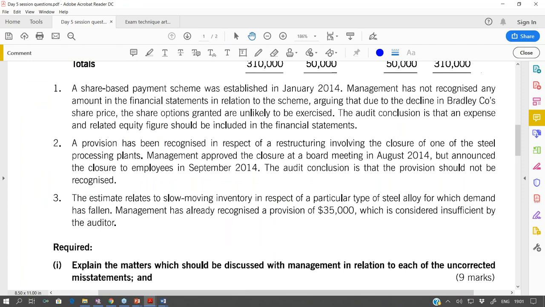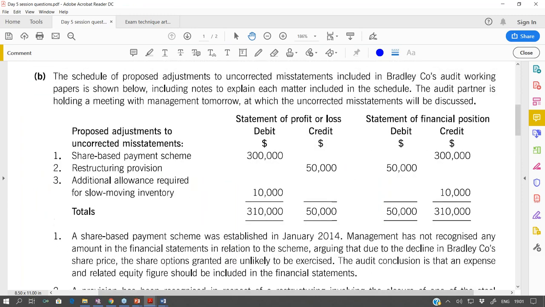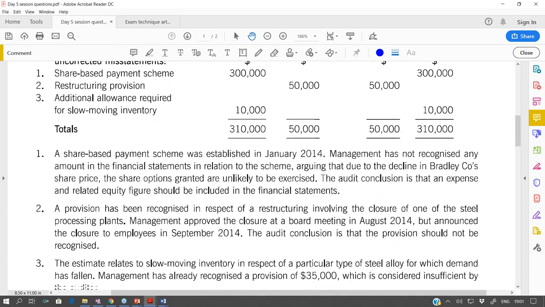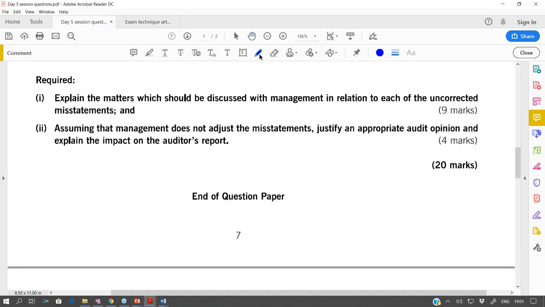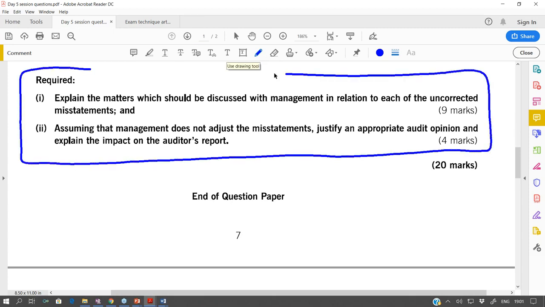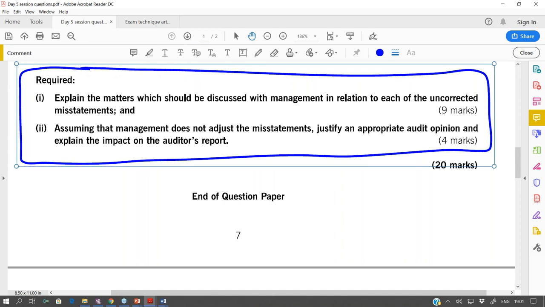Okay, now this is the December 14 question right in front of your screen. Let's see what the examiner is asking in the December 14 question, for 13 marks, 9 and 4.